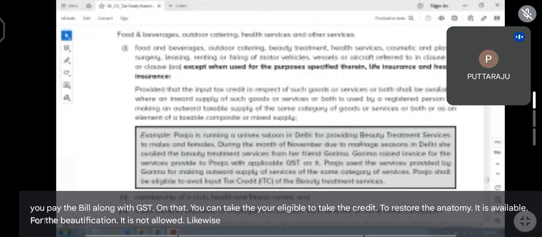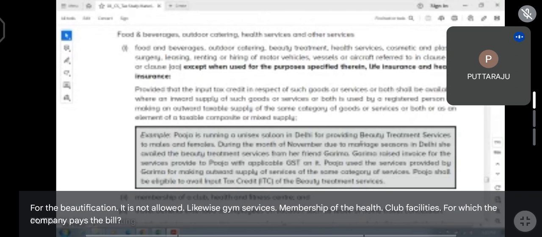Likewise, gym services, membership of health club facilities for which the company pays the bill which includes the GST, on that credit is blocked.